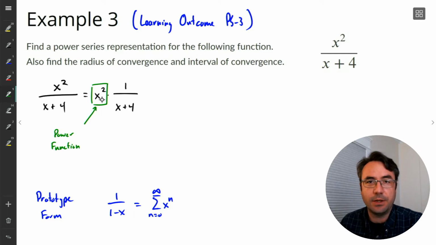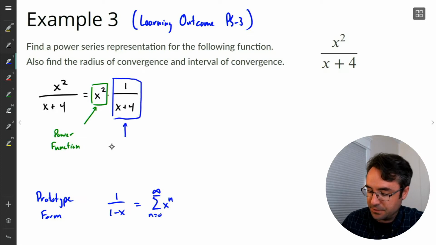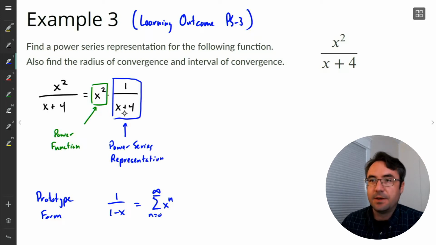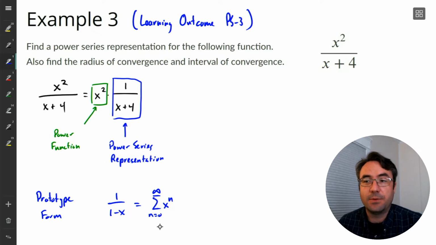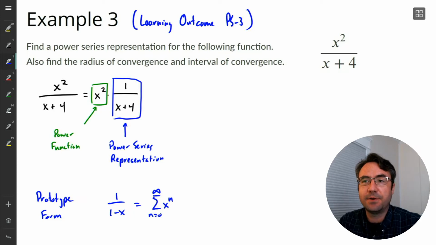What we want then is a power series representation for this function. And that's where our prototype comes in. We make this match up with our prototype form so that we can just use this formula, plug something in. All right, so we have 1 over x plus 4.